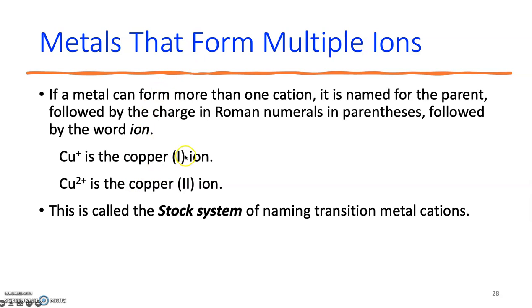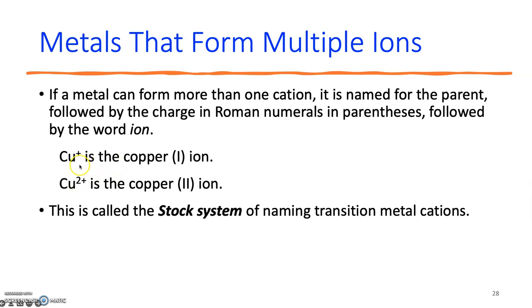However, some metals can form more than one ion. If a metal can form more than one cation, it is named for the parent, followed by the charge in Roman numerals in parentheses, followed by the word ion. For example, copper can form two types of ion, copper 1+ and copper 2+.